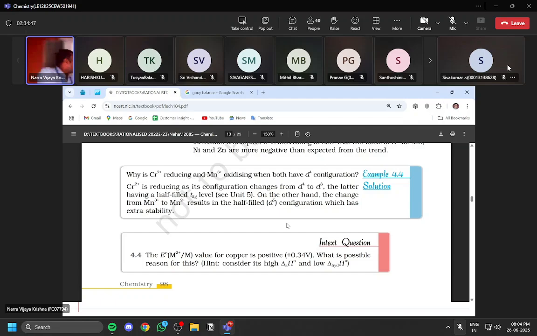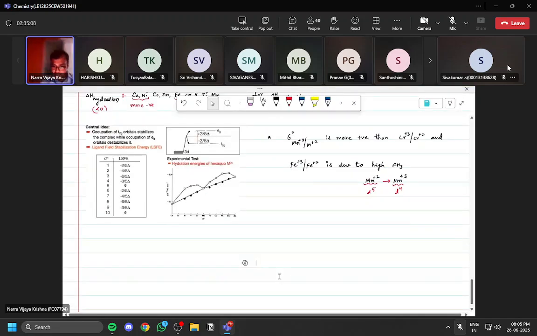Why is chromium +2 reducing and Mn+3 oxidizing, even though both have d4 configuration? Chromium +2 is a reducing agent.